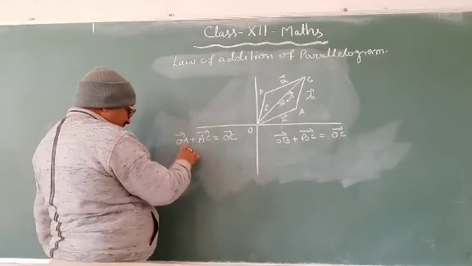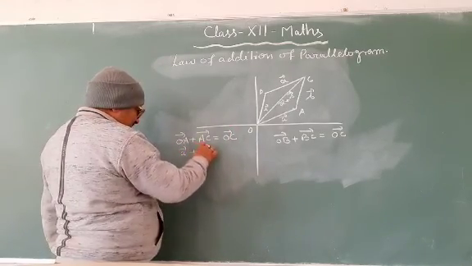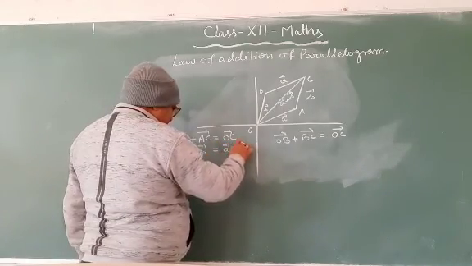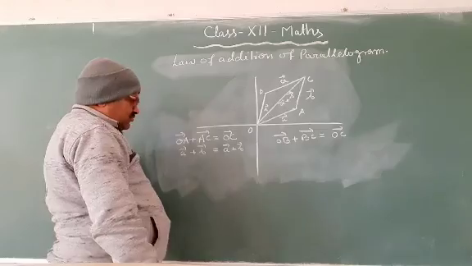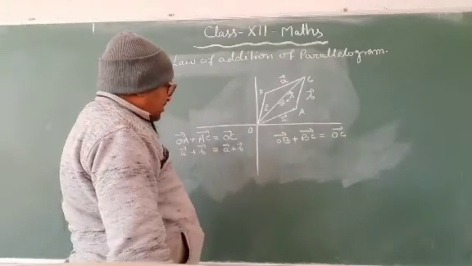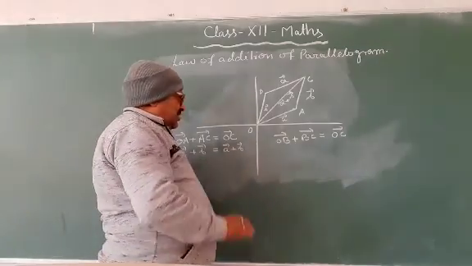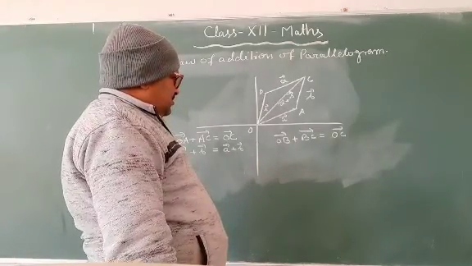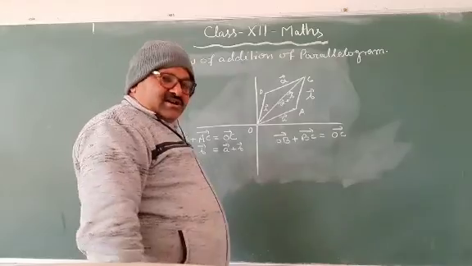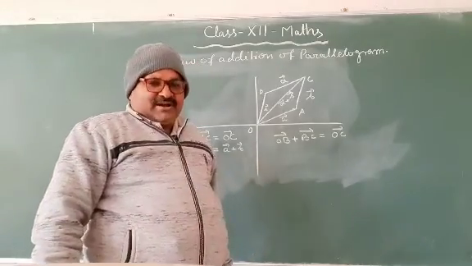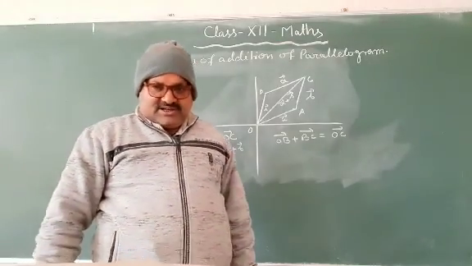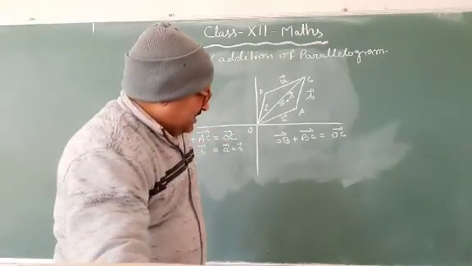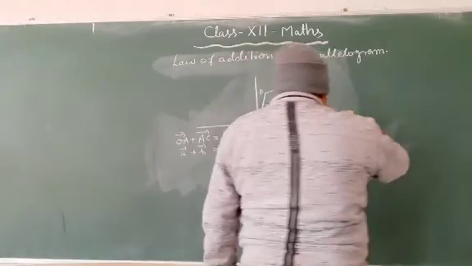Vector A plus vector B is equal to vector A plus vector B. The OC is the diagonal of parallelogram OACB. So this is the law of parallelogram. Clear?